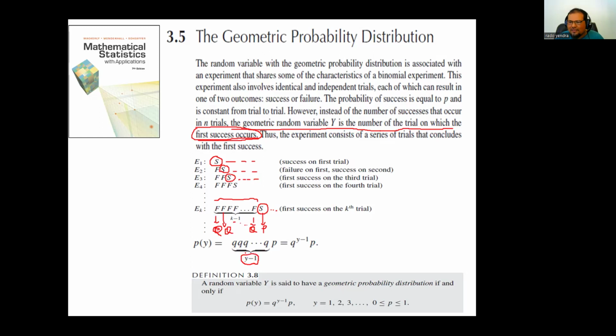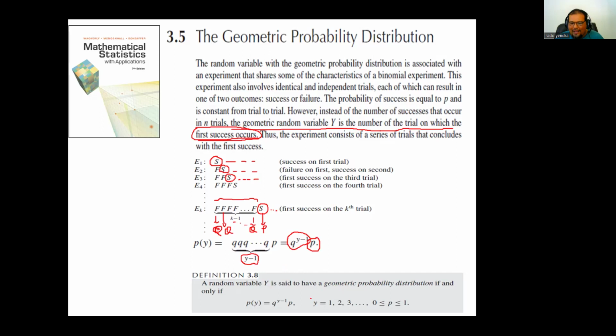Based on the binomial properties, all trials are independent, so we must multiply the probabilities of all the trials. So the formula for the geometric distribution is q to the power y minus 1 multiplied by p.